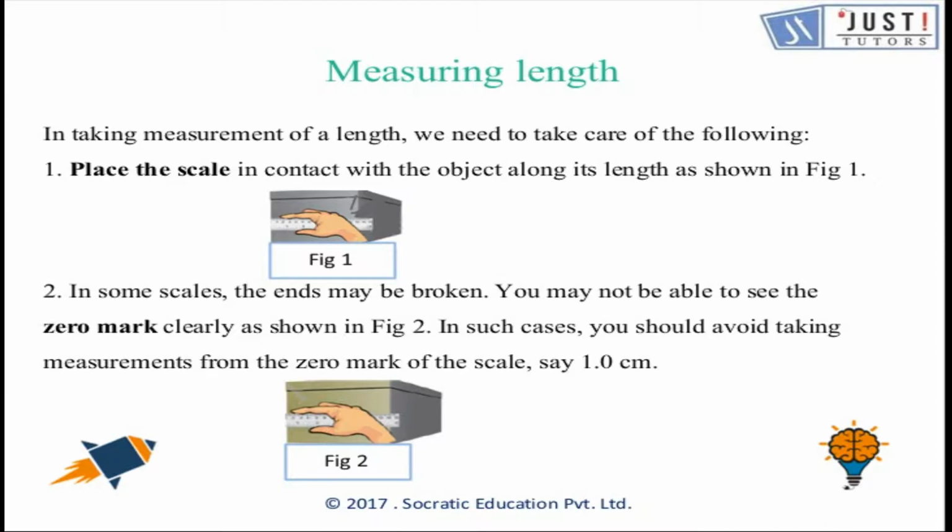The first thing that we should do is to place the scale in contact with the object we want to measure. Once we have the measuring scale in line with the dimension of the object, then the second step would be coinciding the 0 mark with the start of the dimension of the particular object. Now if we are not able to do that properly, then we might get error in our measurement.